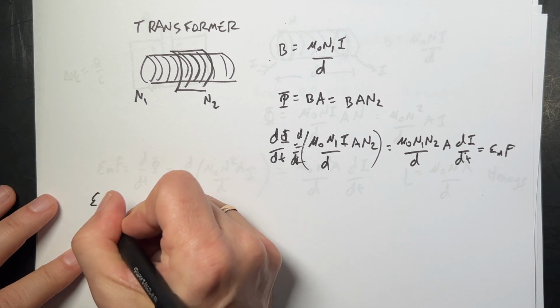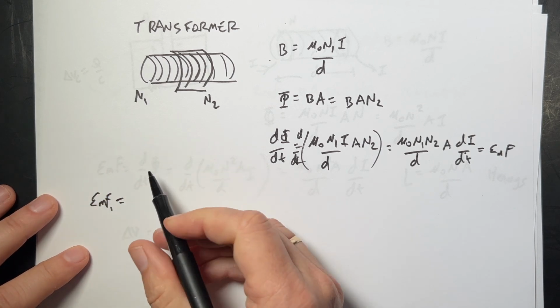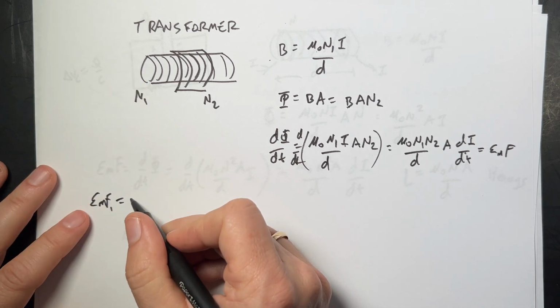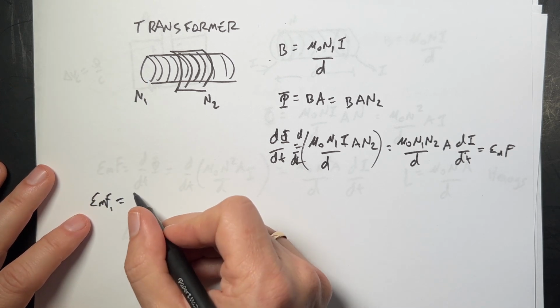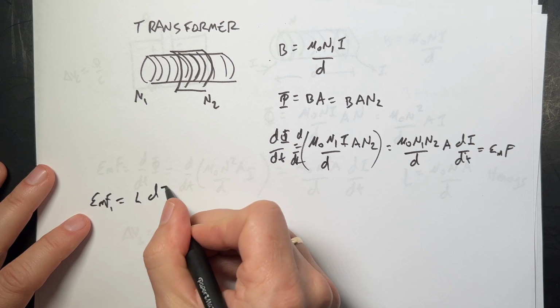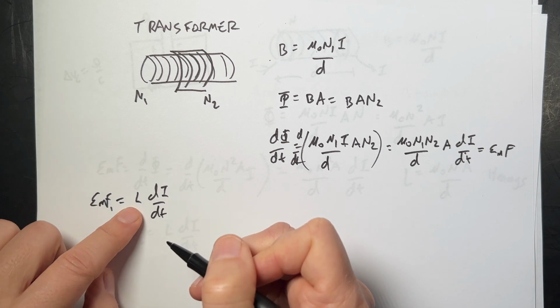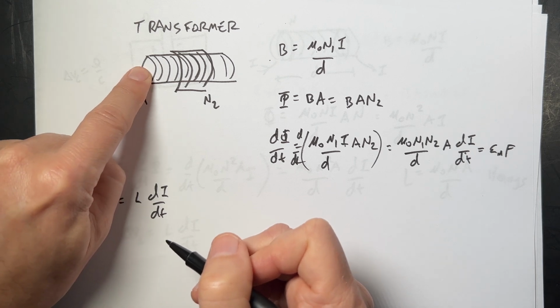Well, EMF 1 is going to be equal to the change in current also, right? It's L di dt, where this is the inductance of that inner loop.